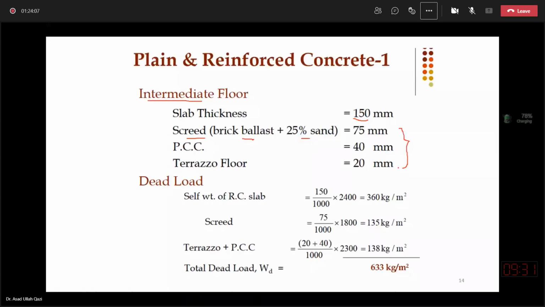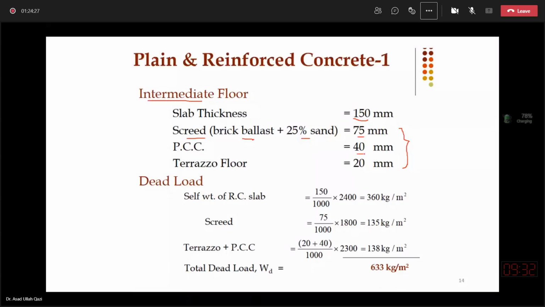It is 75 millimeter. You can say screed, PCC 40 millimeter, above that screed, and terrazzo floor 20 millimeter.